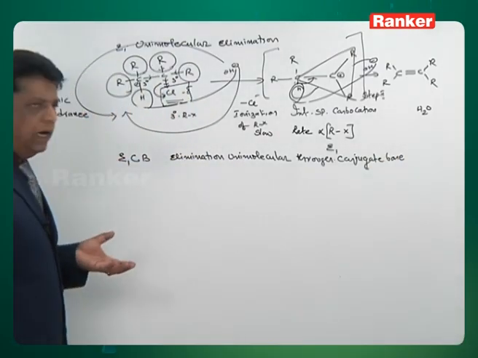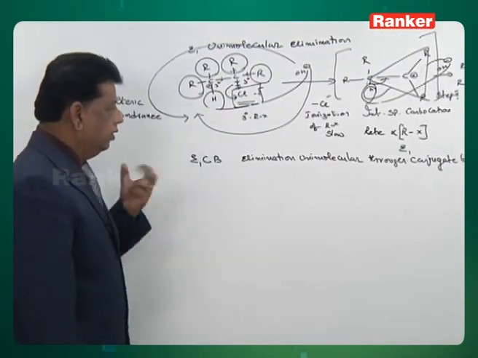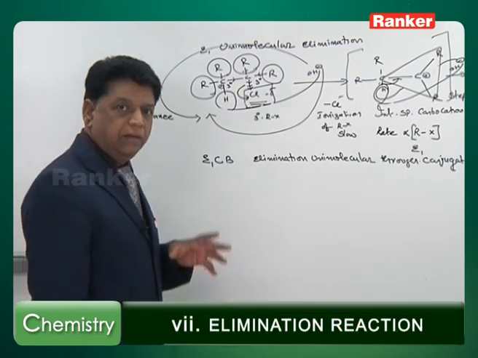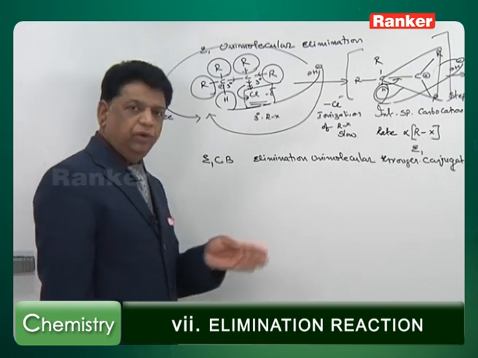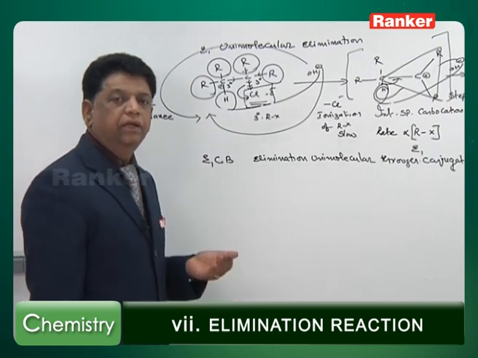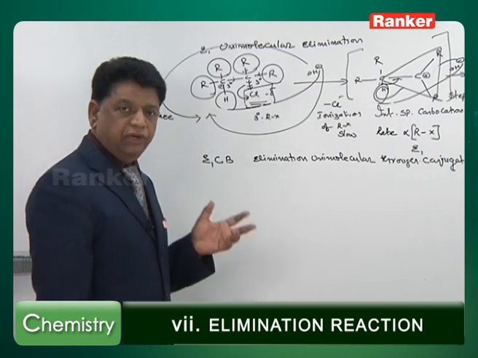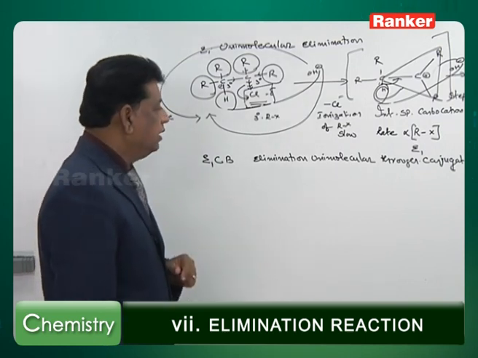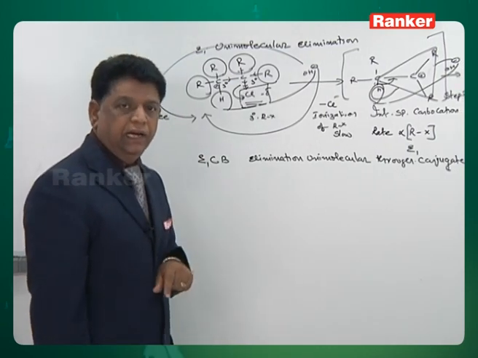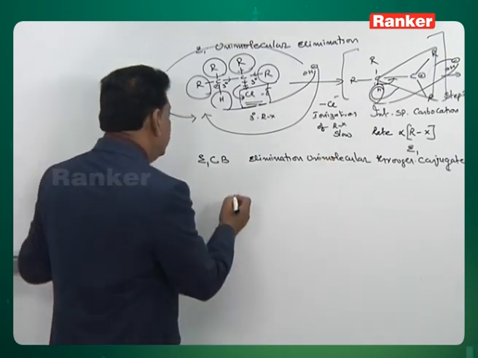An alkyl halide undergoing this reaction, so conjugate base of the alkyl halide only. In ethyl chloride, if you remove the H plus, what you get is called a carbanion. Any substance, for example water, if you remove the H plus, what you get is called the conjugate base of the water. So water is the compound, and after removing the H plus, what you get is called the conjugate base. So this is an elimination reaction of the alkyl halide. The alkyl halide removes 1 proton, and what you get is the conjugate base.